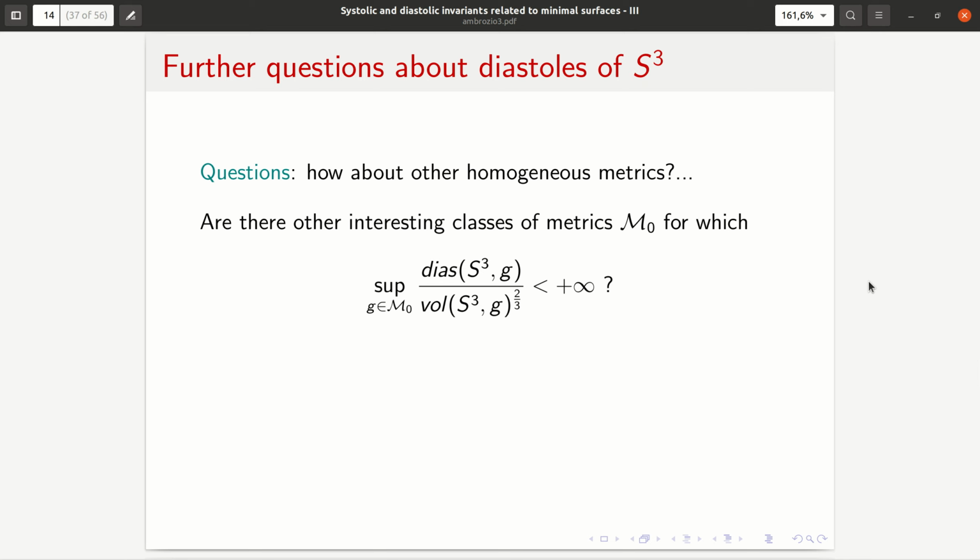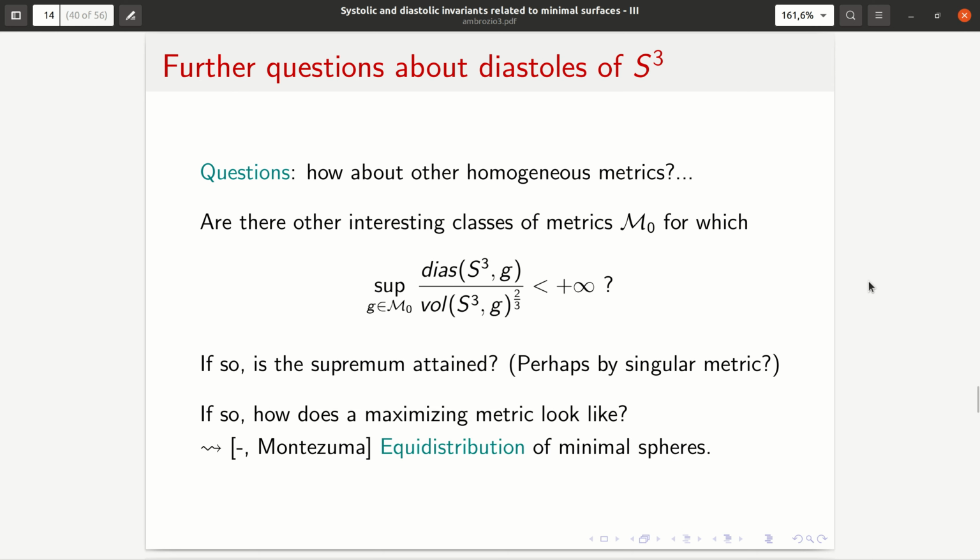But anyway, we do have Treibergs' theorem, we do have our theorem, so they suggest that there may be interesting subsets of metrics for which this supremum is finite. And if this is the case, then it's interesting to understand whether this supremum is attained or not. Maybe it's attained, but not by a Riemannian metric, or maybe it's not attained. A priori we don't know, and this is something that I think is interesting to be understood.